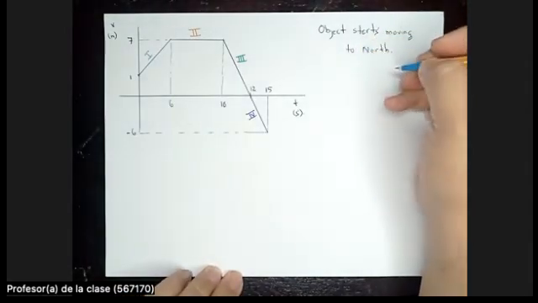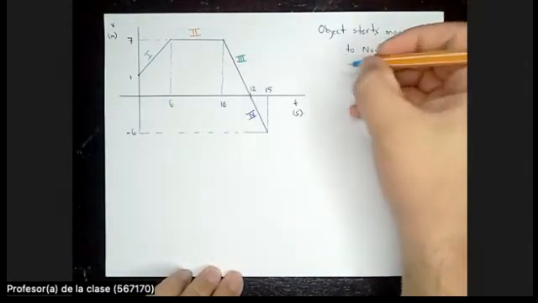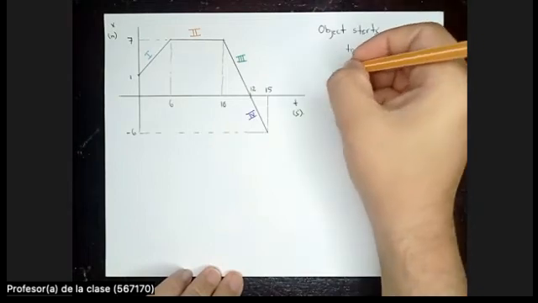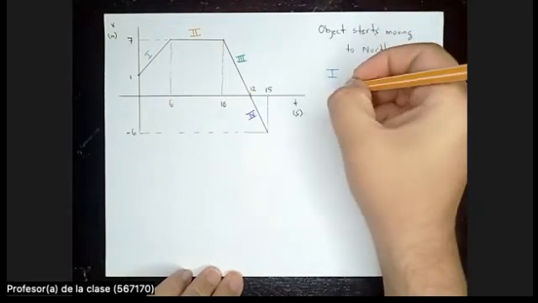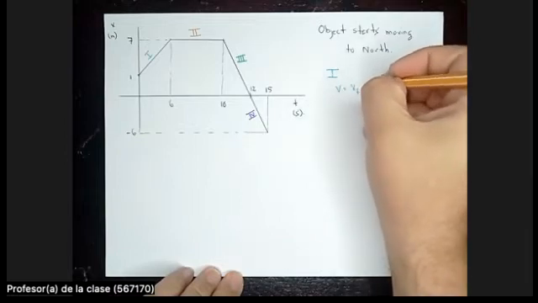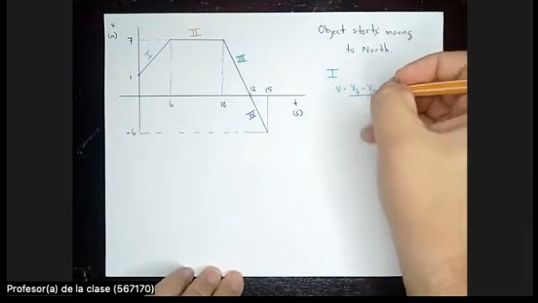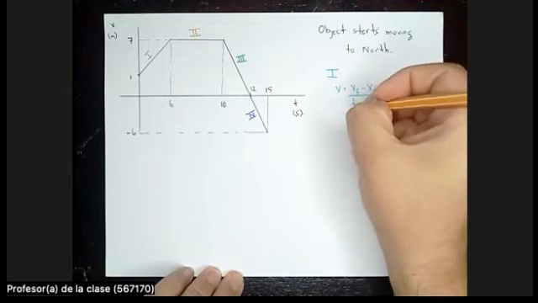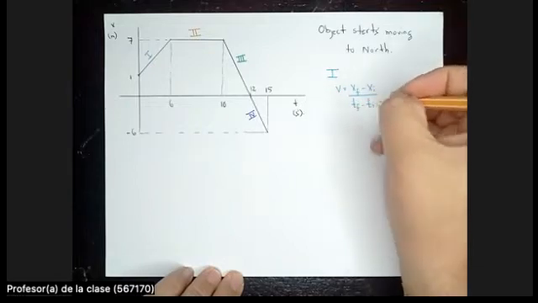Remember that in a position time graph, we can calculate the velocity. Velocity is final position minus initial position, divided by the final time minus the initial time.